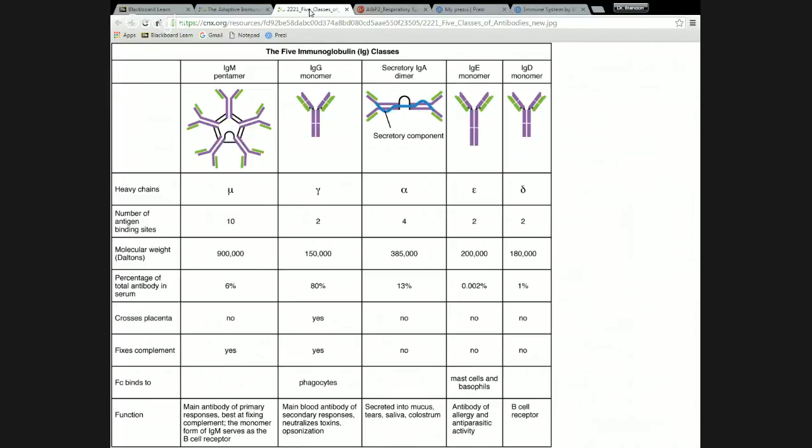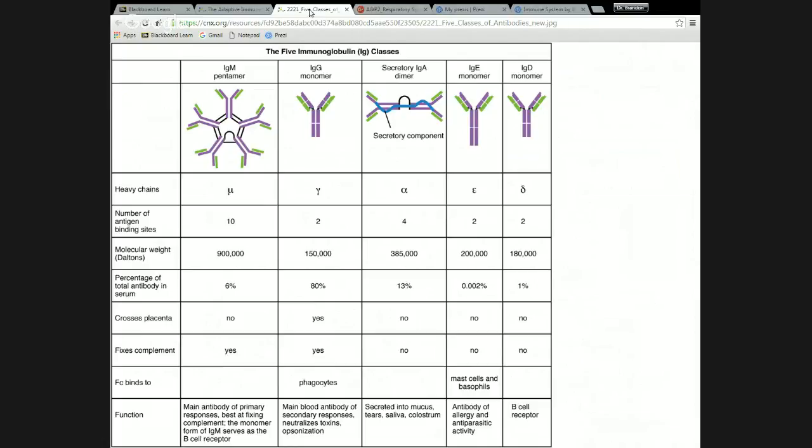They are immunoglobulins, which is just another word for antibody. And so capital I, lowercase g is just an abbreviation for immunoglobulin. And then they have M, G, A, E, or D, which really corresponds to a Greek letter that's the designation for the particular heavy chain gene configuration, I think that's what I mean.